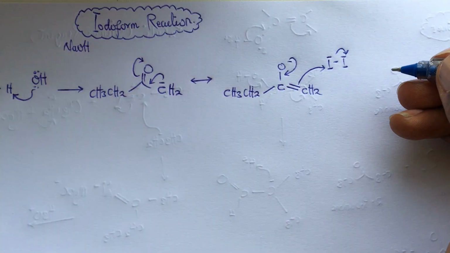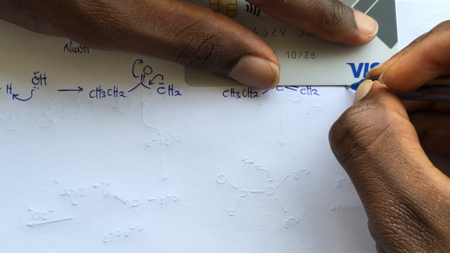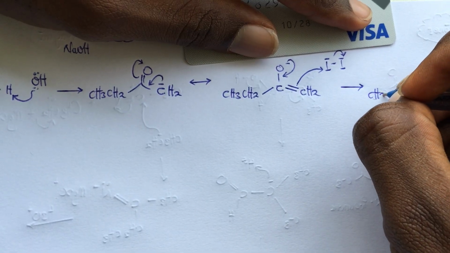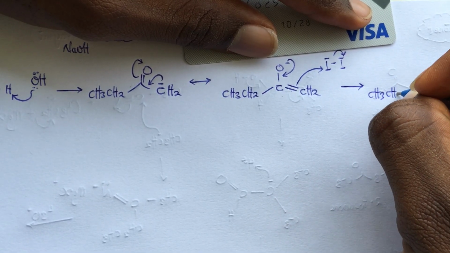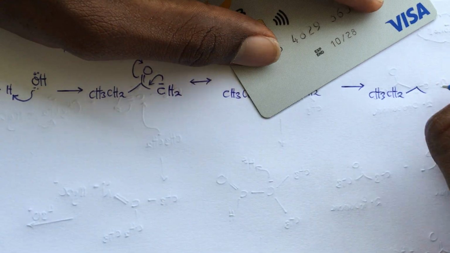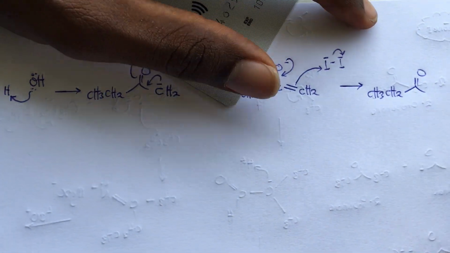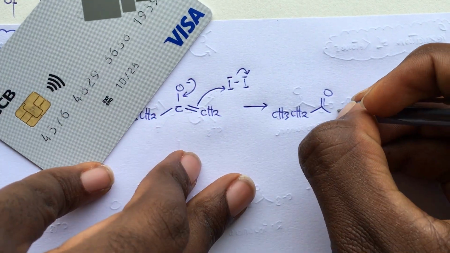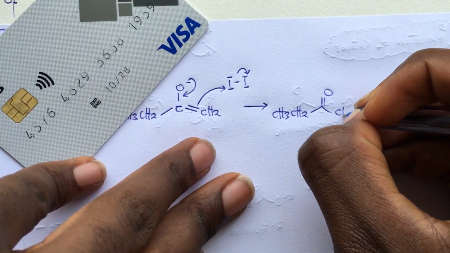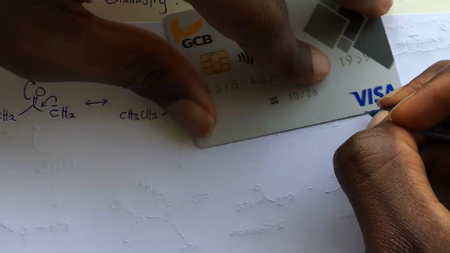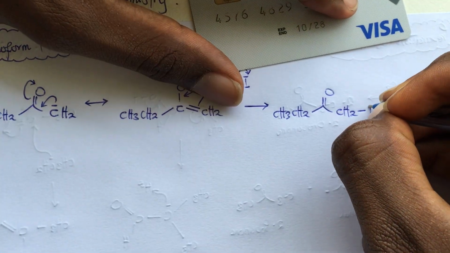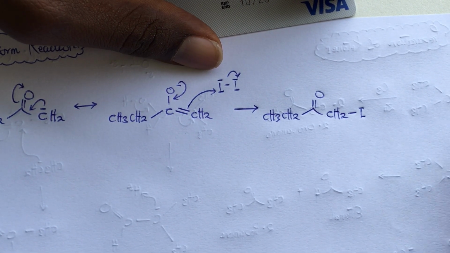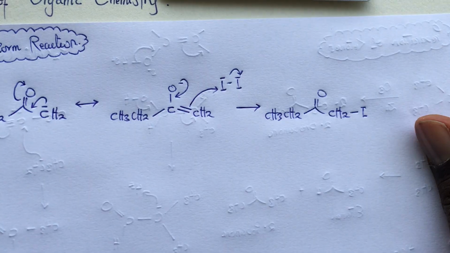So now let's move. So from here we are going to have CH3, CH2, and now double bond, now I'm having CH2 bonded to I. Right, so now we are generating a lot of bases, because you know what can happen when this thing happens.